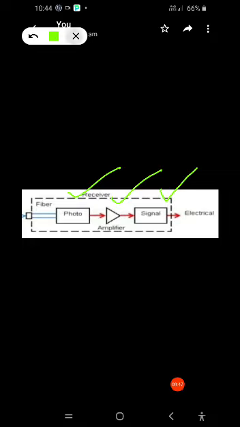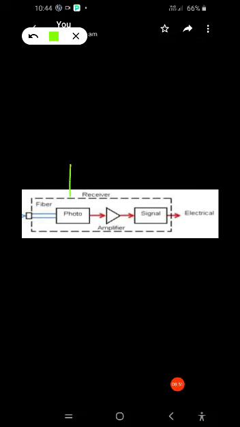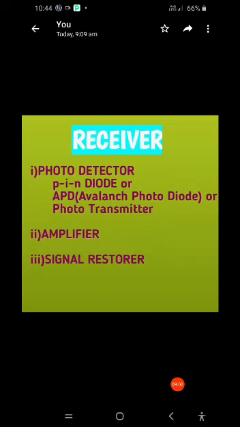Here the first block is the photodetector, that can be either a pin diode or an avalanche photodiode. These diodes convert the optical signal into electrical signals.